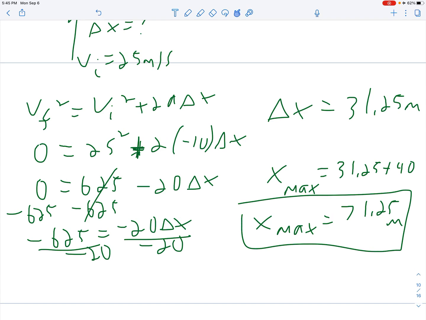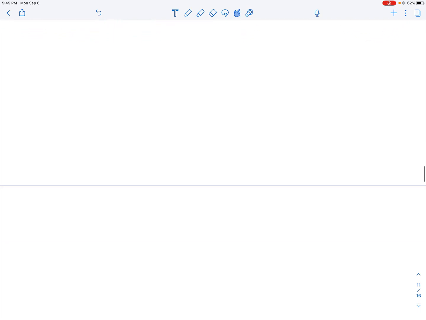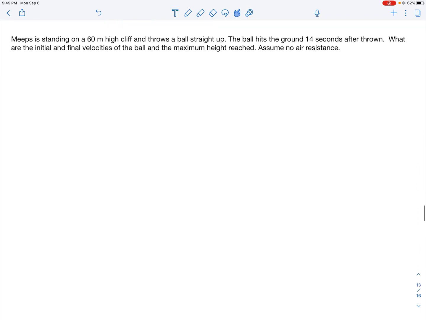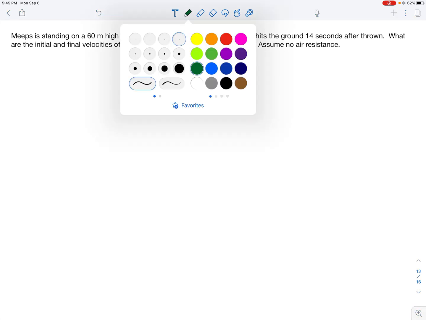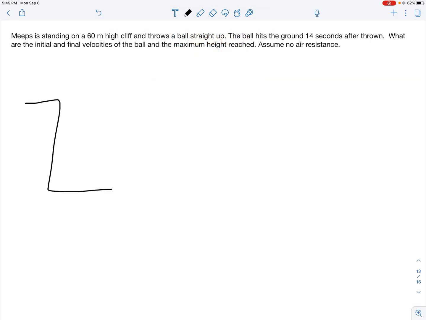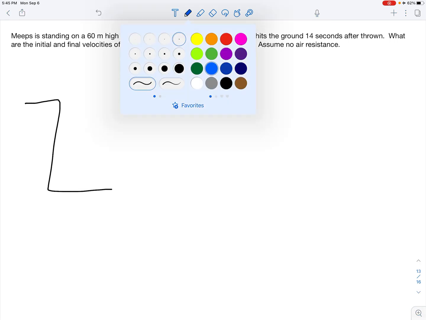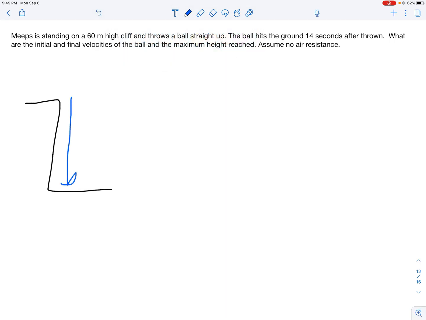This video is going kind of long, but we're going to do one more example. All right. Meeps is standing on a 60-meter high cliff, throws the ball straight up. So let's draw our picture again. We have 60 meters. She throws it straight up.